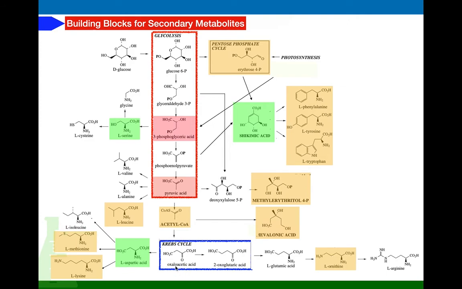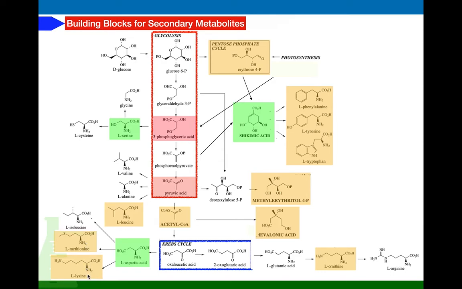Similarly, oxaloacetic acid, an intermediate or metabolite of the Krebs cycle, gives rise to aspartic acid, and aspartic acid further gives rise to isoleucine, L-methionine, and L-lysine.